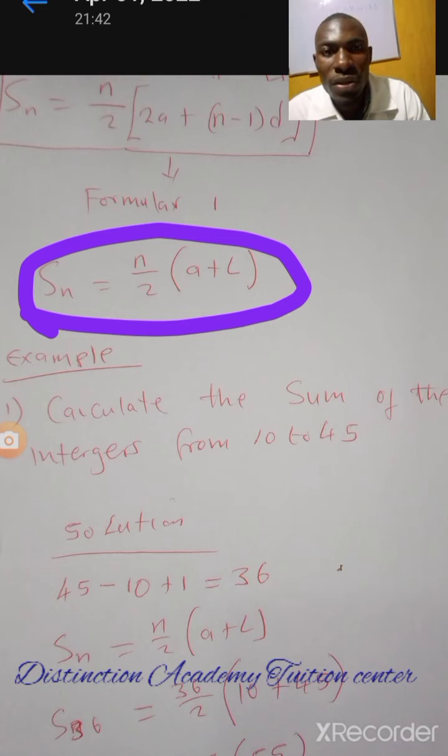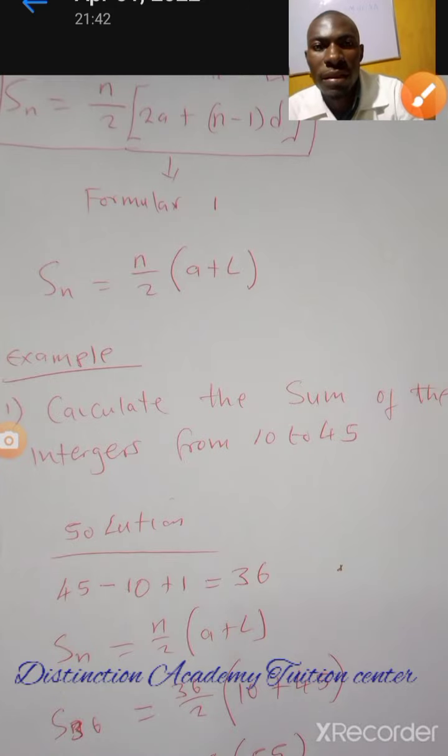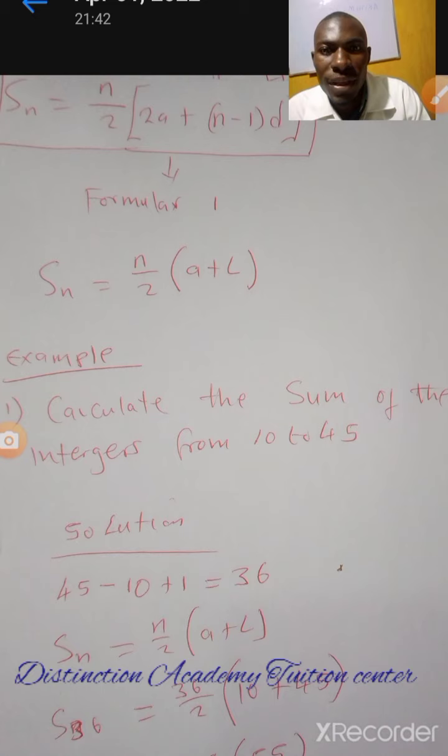So let's look at the example here, which reads: calculate the sum of the integers from 10 to 45. Remember, these integers start from 10 up to where? Up to 45. So what are we going to do? You've been given the first term, which is 10, and the last term, which is 45.